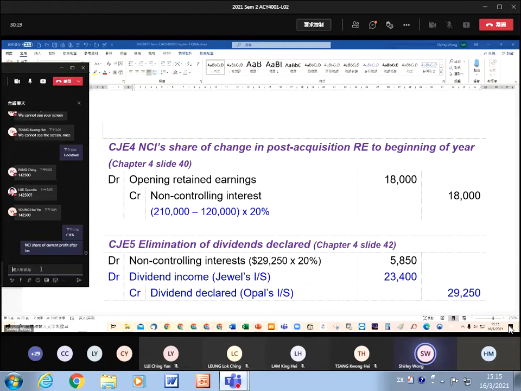What is the amount of current year profit after tax you are able to calculate to share to NCI?